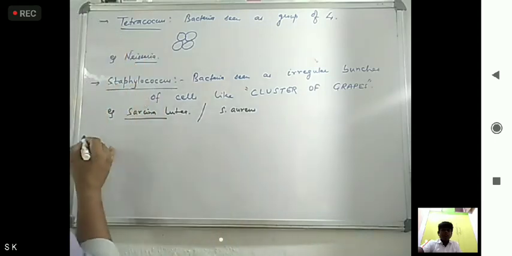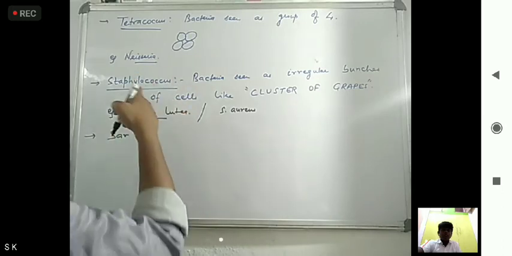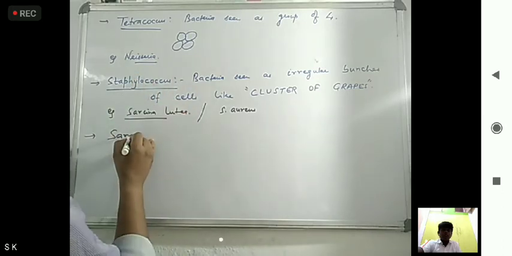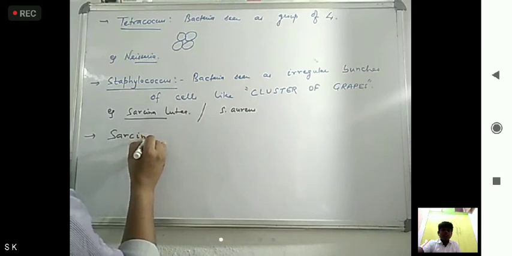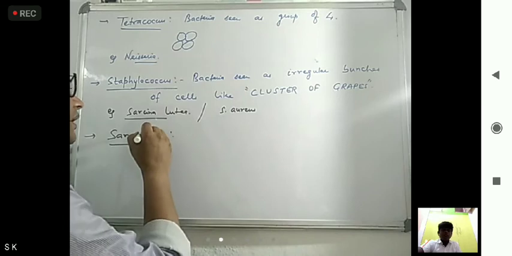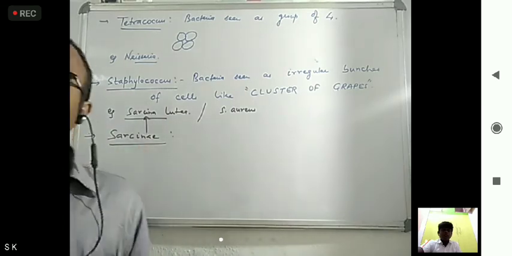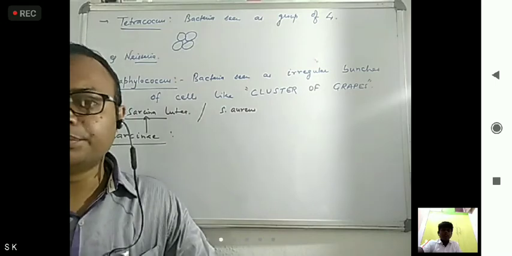Sometimes I have seen that Sarcina also comes as one separate group, known as Sarcini. In some books they come under Staphylococcus, but some put them under one new group known as Sarcini. In Sarcini, Sarcina lutea is the example belonging.